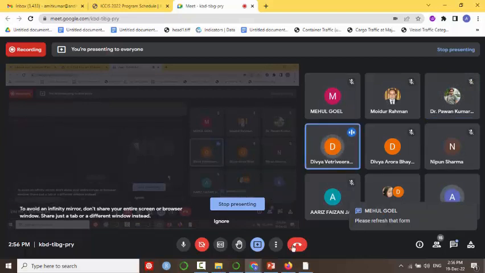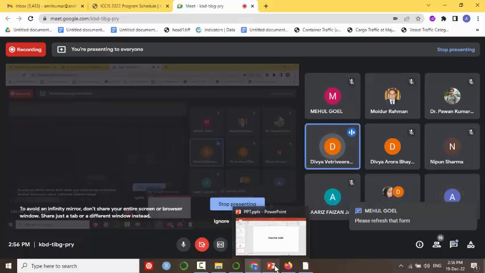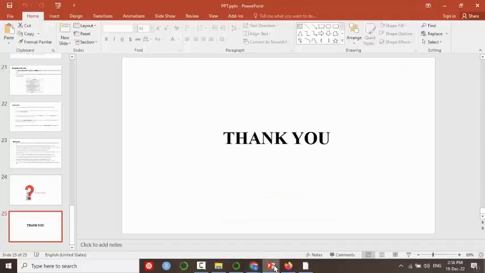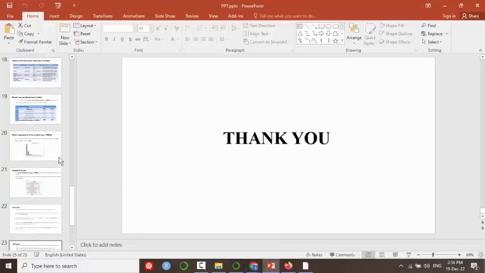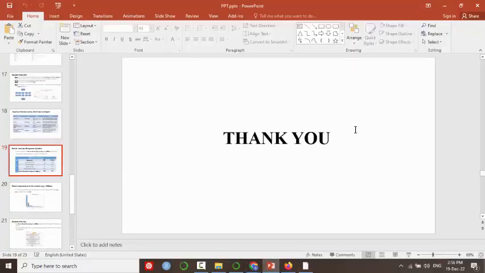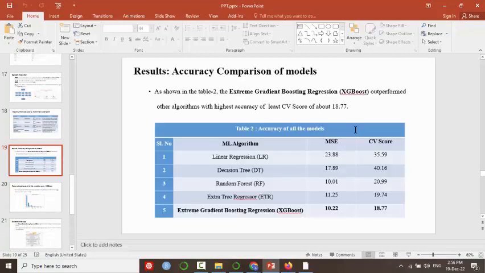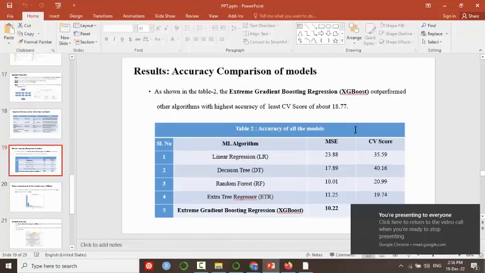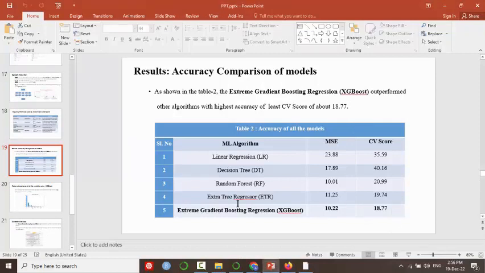Amit? Yes, ma'am. Why did you choose the XGBoost algorithm? Did you try any other ensemble learning methods? Actually, madam, there was no study wherein the XGBoost Regressor was used as of now, so this is one of the reasons I used this machine learning technique.